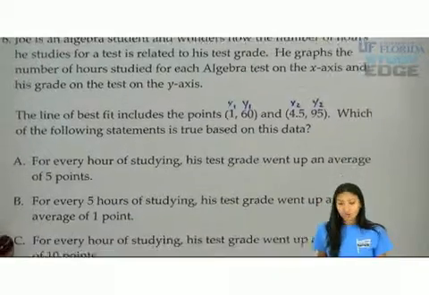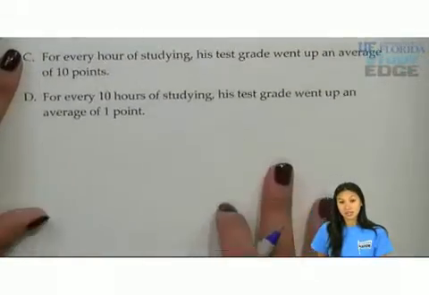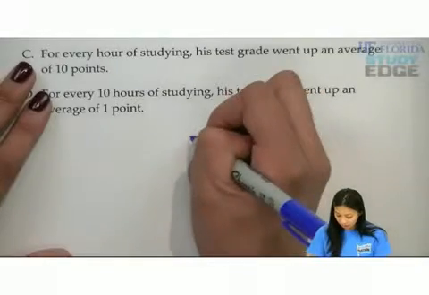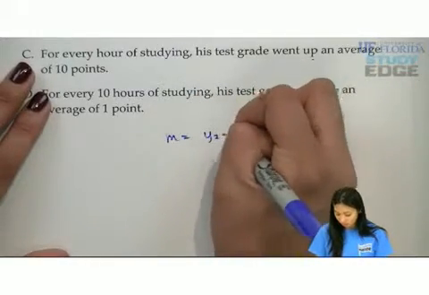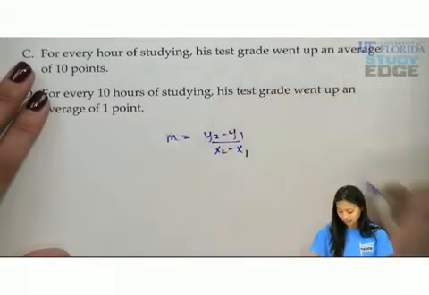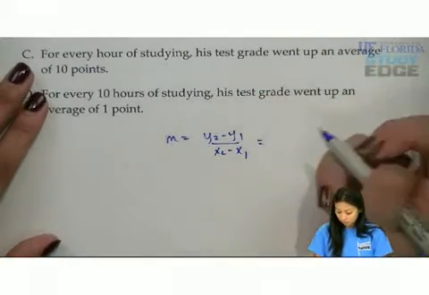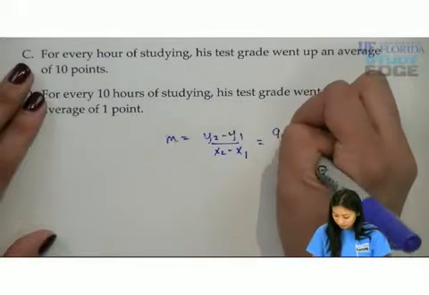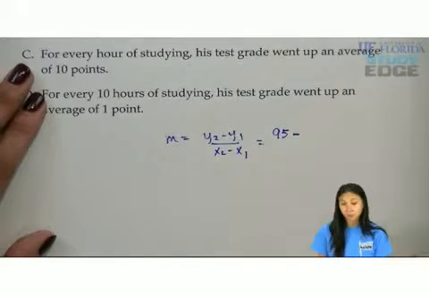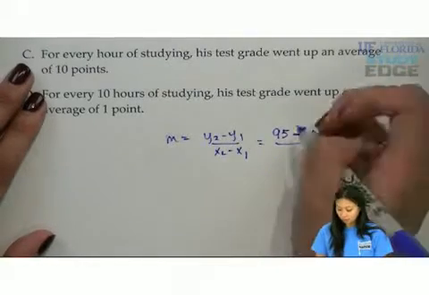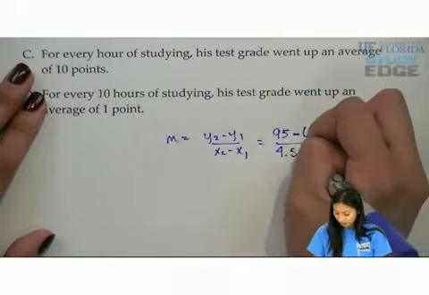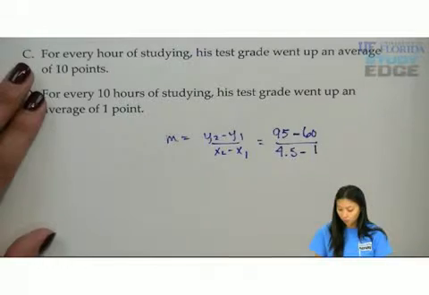All right, slope, and I'm going to do my math down here so we have more room to work with. Slope is equal to y2 minus y1 over x2 minus x1. Remember, my y2 was 95 minus y1, which is 60, all over x2, which was 4.5, minus x1, which is 1.